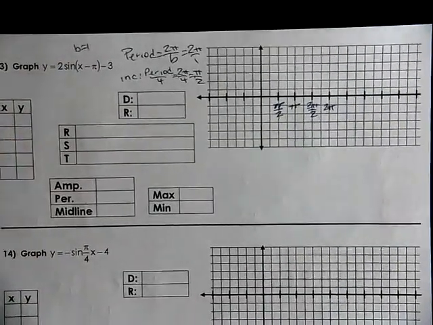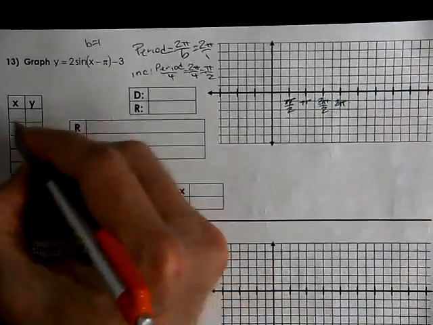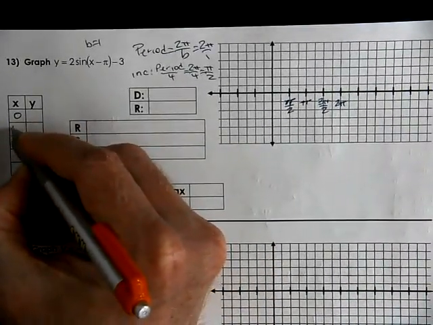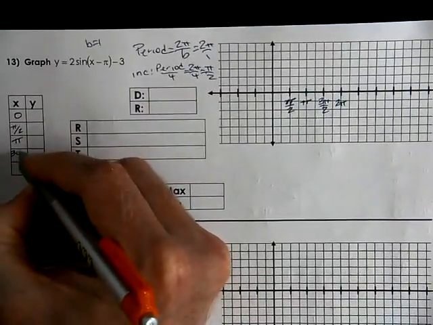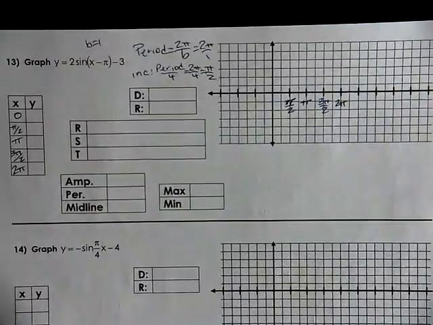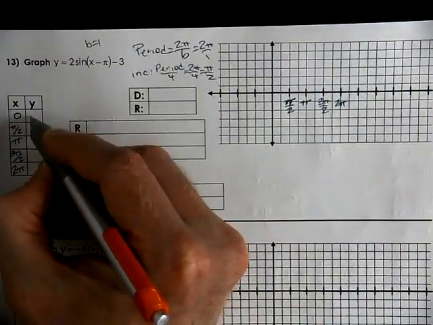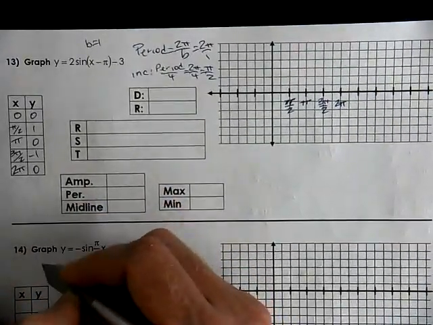If we were making a table, 0, pi over 2, pi, 3 pi over 2, 2 pi. The normal sine graph starts at 0, then 1, then 0, then -1, then 0.